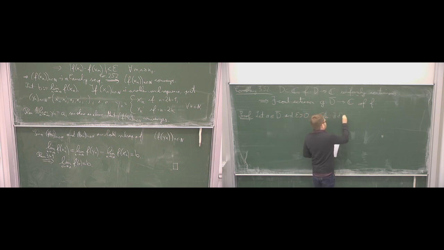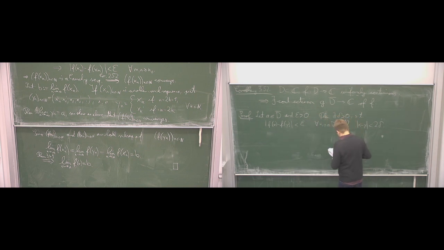Since by uniform continuity there exists a delta such that the absolute value of f of x minus f of y is smaller than epsilon for all x and y in D with, and now I make a little computational trick, the absolute value of x minus y smaller than 2 delta. Of course, if I can find a delta, I can just divide it by 2 and take a new delta which has this nice property.